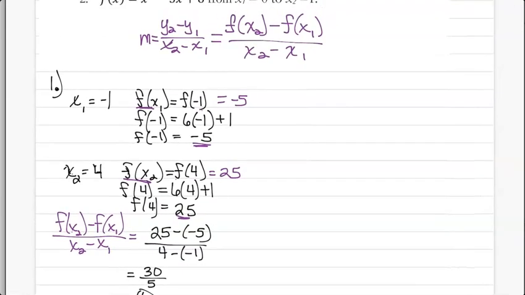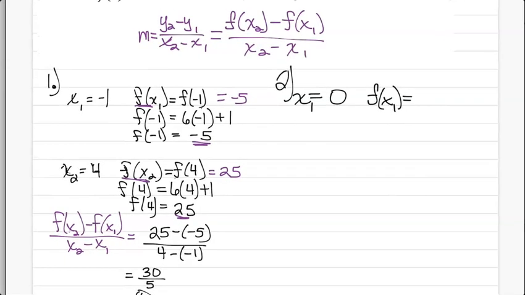That's number 1 done. Now let's do number 2. We're going to follow that same pattern on number 2. They're giving us an x1. They're saying x1 is 0. So when I need to obtain f of x1, that means I'm obtaining f of 0.